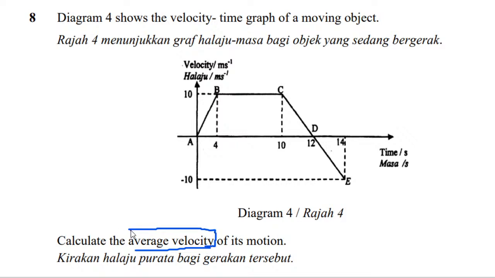To determine average velocity, you need total displacement divided by total time. Now, you need to determine the total displacement first. So how to determine total displacement?